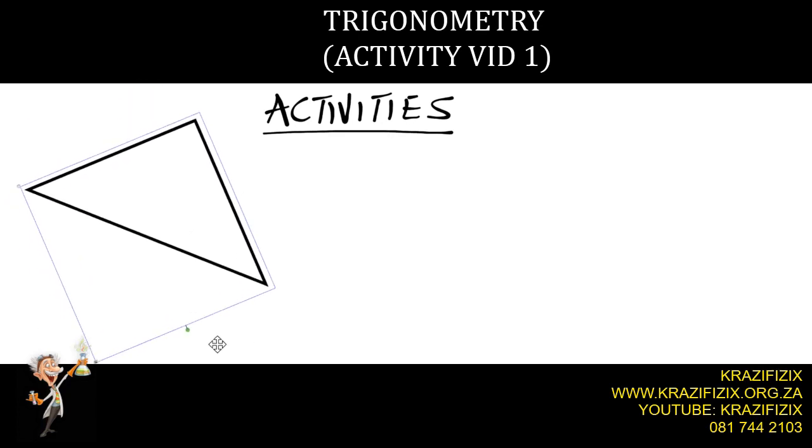But the good thing is this: in this triangle you will be given that angle Q is 90 degrees. I have R, and I have P, and then here I have 42 degrees, and I have my PR as 3.